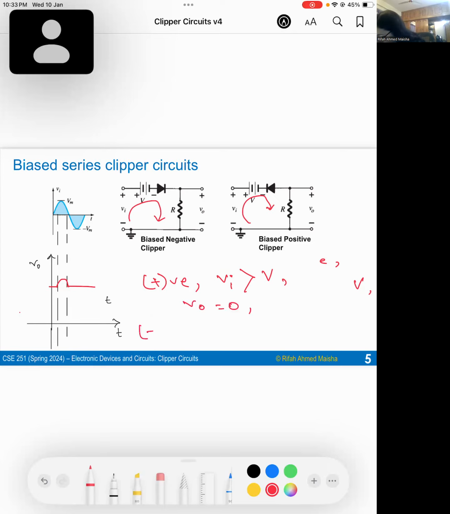And during the negative half cycle, when input is less than the bias voltage, applying KVL, we can write the output expression. If we draw the waveform, we can get this. As the positive part is clipped off, it is the biased positive clipper.